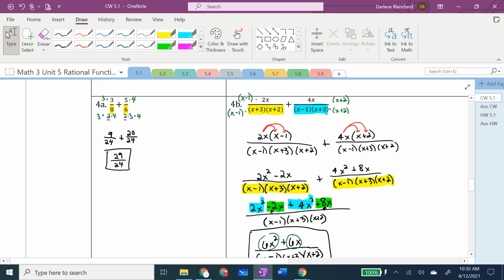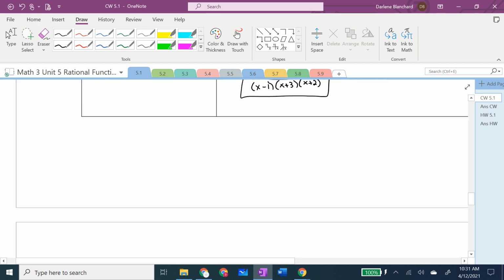So when you deal with addition or subtraction, you do want your denominator factored. And if there are factors in common, you don't want to multiply by that more than you need to. So you're looking for that least common denominator.